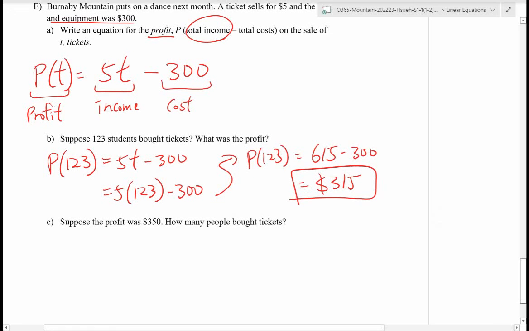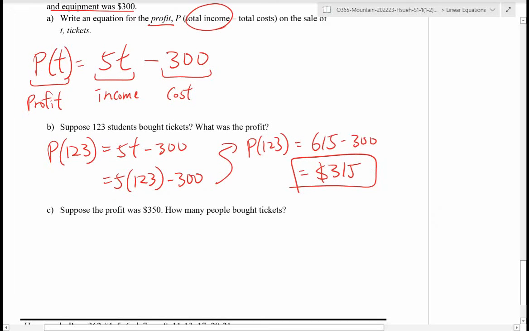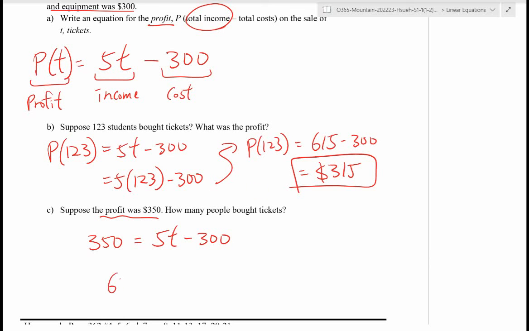Okay, part C. Suppose the profit was $350. How many people bought tickets? So now the profit is $350. Instead of replacing T, we're going to replace the value of P, because that's the profit. So $350 is equal to 5T minus 300. To solve for T, I'm going to add 300 on both sides, so you get 650 equals 5T.